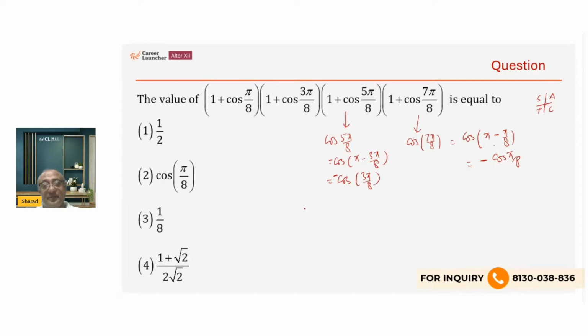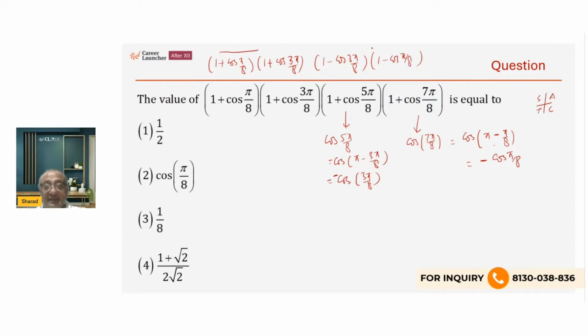Minus. So this will be minus. So now let us rewrite this. This is 1 plus cos pi by 8, 1 plus cos 3 pi by 8. That is also wonderful. This is 1 minus cos 3 pi by 8. And this is, children, 1 minus cos pi by 8.